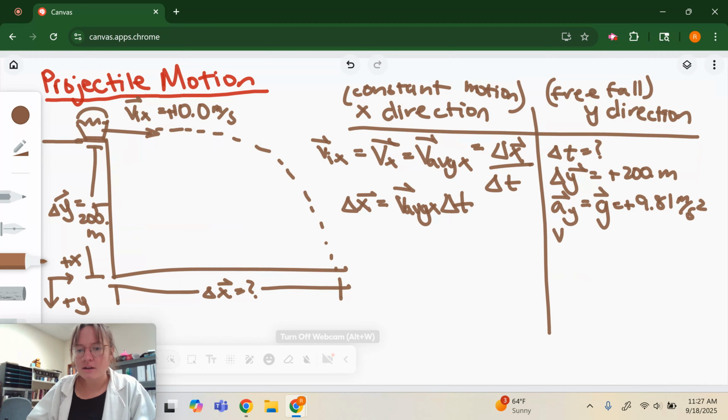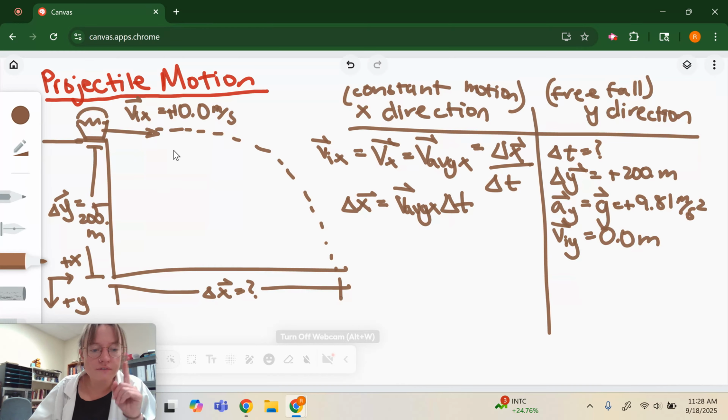I know my initial velocity in the y direction is 0. The reason why I know my initial velocity in the y direction is 0 is because this muffin got thrown horizontally. It didn't start by heading up towards the sky, and it didn't start by plummeting down towards the ground, though eventually it will be plummeting down towards the ground. It started by just moving horizontally. So my initial velocity in the y direction is 0 because it didn't start with any y direction motion.